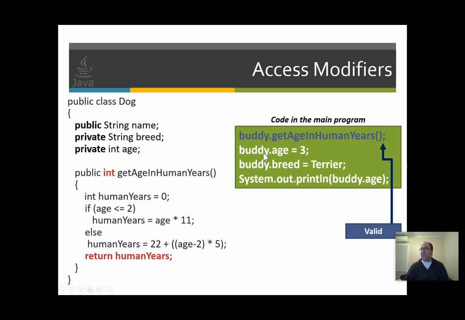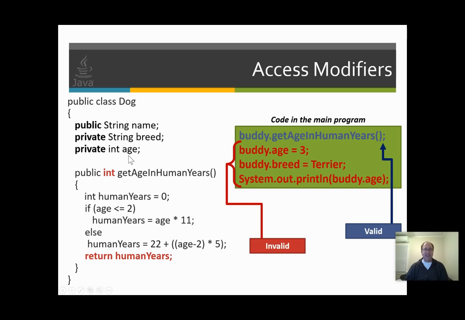However, buddy.age and buddy.breed were both declared in the class as private variables. So you would not be able to actually do those calls. You wouldn't be able to access those variables directly from the main program itself. You would be blocked, and this would cause an error that would basically say that you do not have access to those variables.